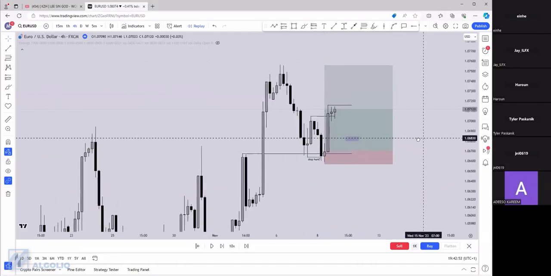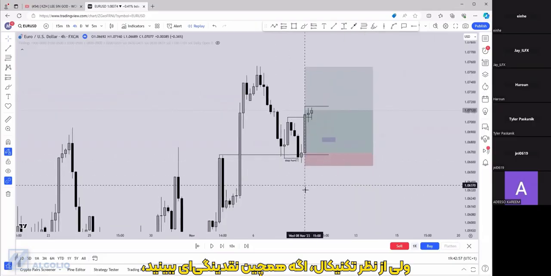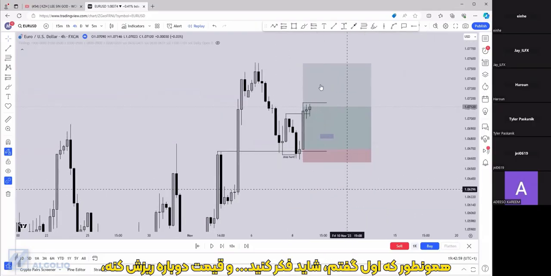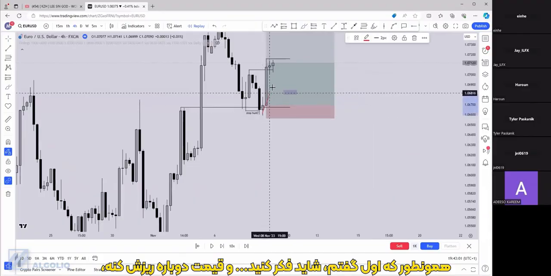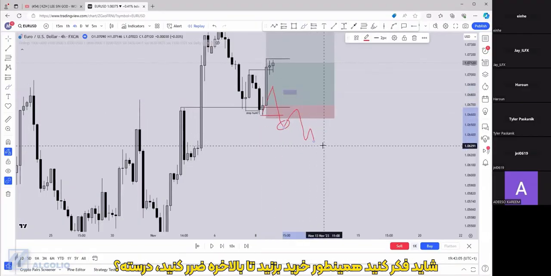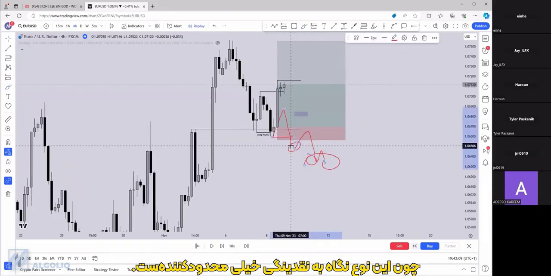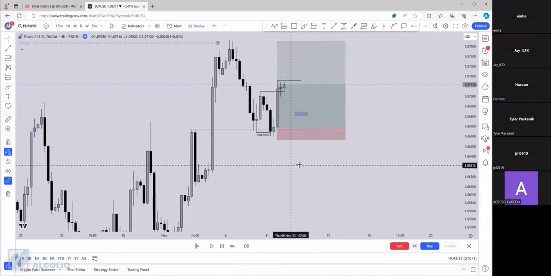But from a technical standpoint, if you see liquidity like this, as I said at the beginning, and price breaks down again, you might as well just keep taking buys until you lose, right? Because this way of looking at liquidity is very subjective.